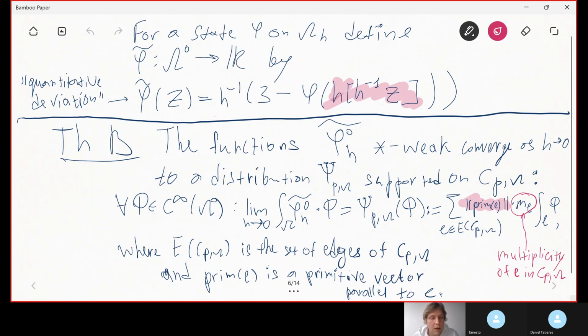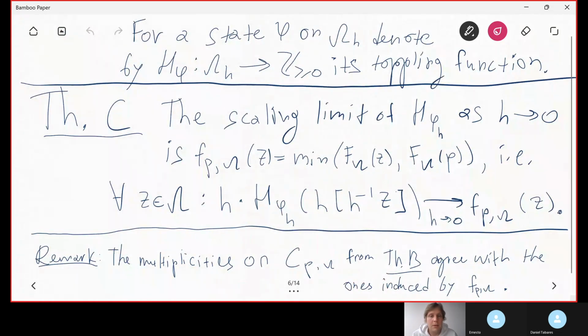And finally, I find the most elegant, because we don't care about these boundary restrictions, is the following form for toppling functions. Recall that for a state phi on the discrete domain, we denote by h index phi its toppling function, the function which counts the number of topplings at every vertex during the relaxation of phi.